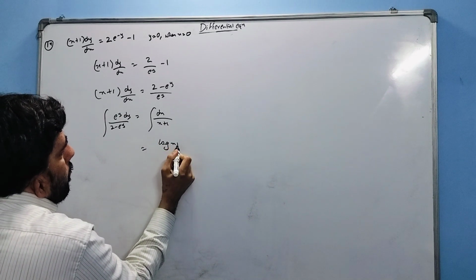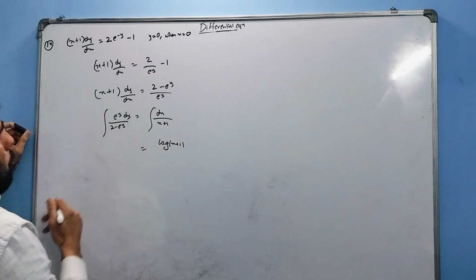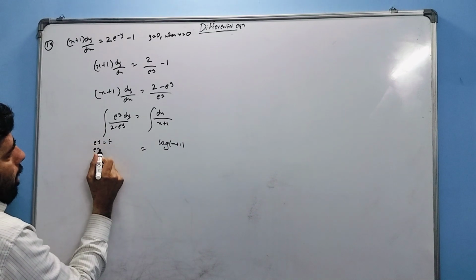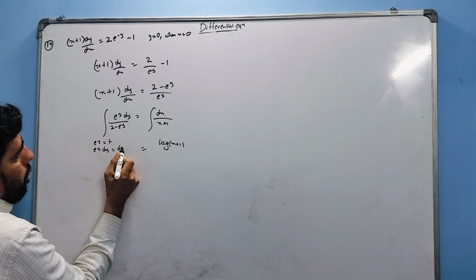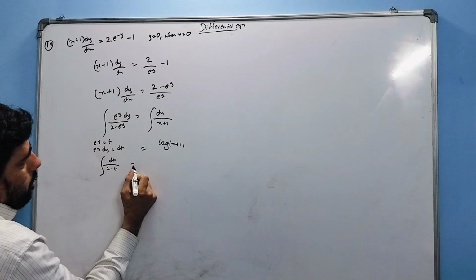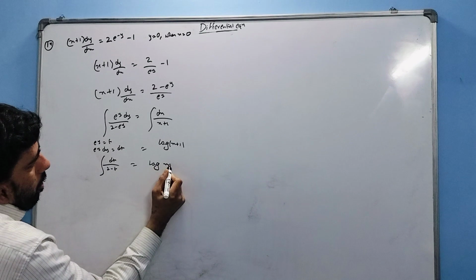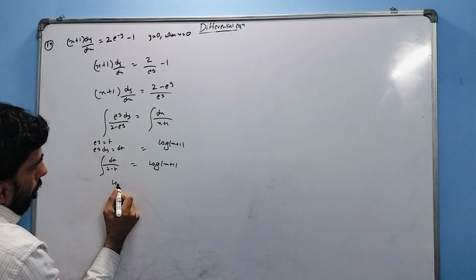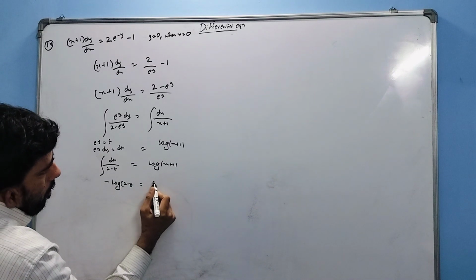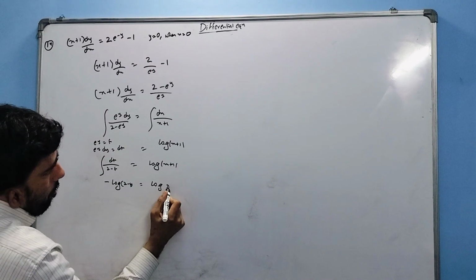Here put e raised power y as t. So e raised power y dy is equal to dt. So dt upon 2 minus t is equal to log of x plus 1. We have minus log of 2 minus t is equal to log of x plus 1 plus c.